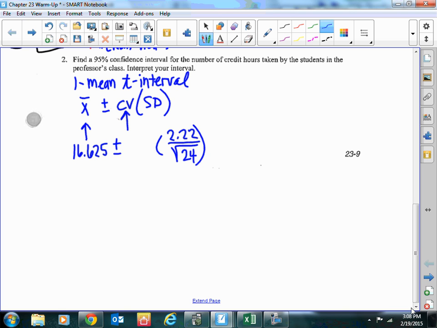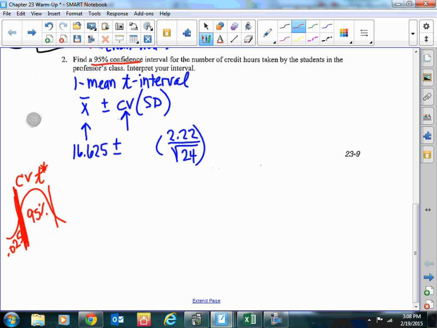All right, now let's talk over here for a second about this critical value, which is the t-star. You are told to be 95% confident. So 95% is in the middle. That puts 0.025 in one tail.